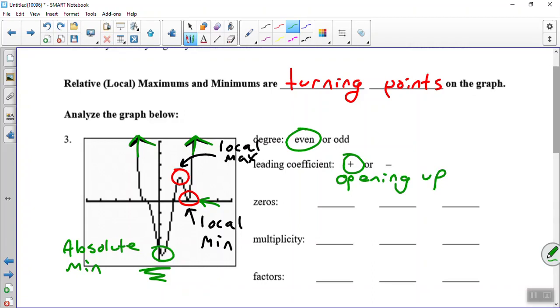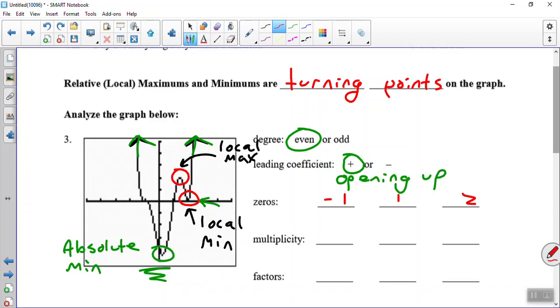So the leading coefficient has to be positive. If it was opening down, it would be negative. All right, let's look at the zeros. Again, you could also say roots or solutions. All right, so this first one is -1, and then +1 and +2. Those are my zeros.